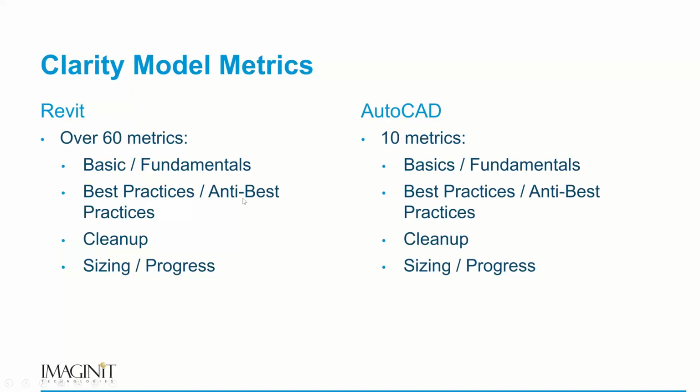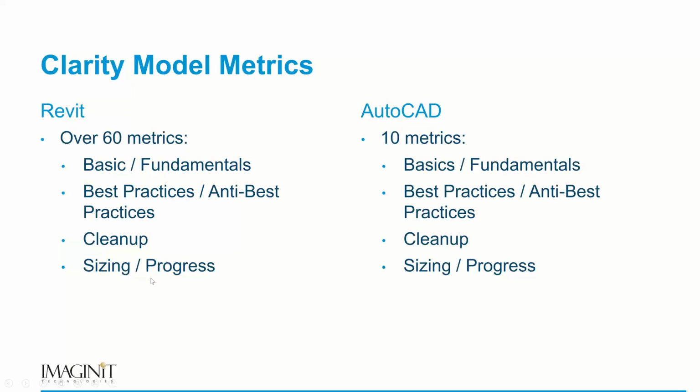Best practices or anti-best practices within Revit especially. Cleanup tasks: what are measurements that give you an indicator that the model's being kept clean, as opposed to you've got 1,000 3D views in the model, all named 3D view 546.